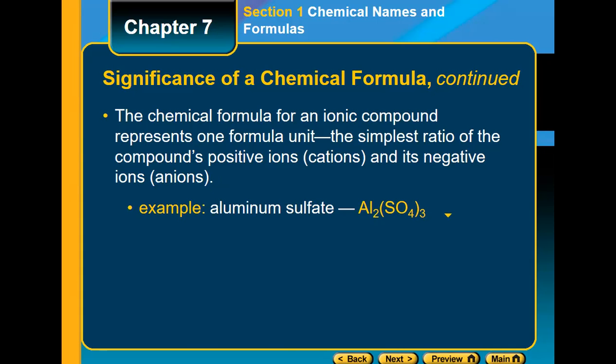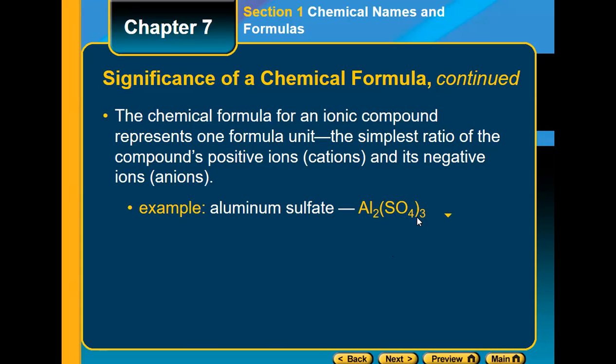For example, Al2(SO4)3, which we call aluminum sulfate. Here we have subscript 2, subscript 4 and subscript 3. Subscript 2 describes that in this compound we have two aluminum atoms that combine with three polyatomic ions of sulfate.